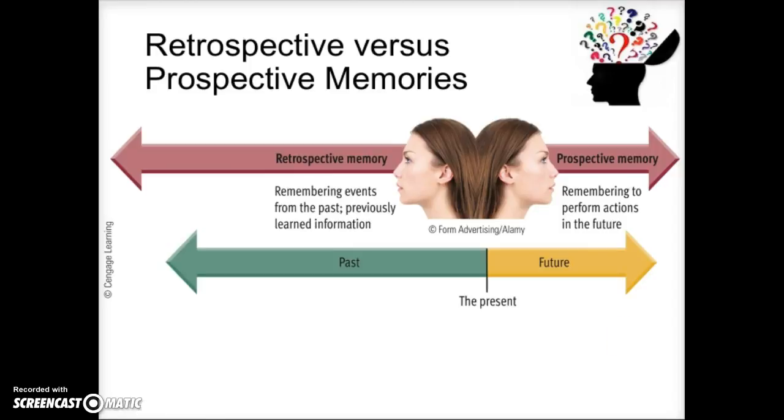Now, when we retrieve these memories, when we are actively thinking about our past or our future, it's going to be in our working memory. The problem with this is sometimes this information is sucking up space or capacity in working memory when it really shouldn't.